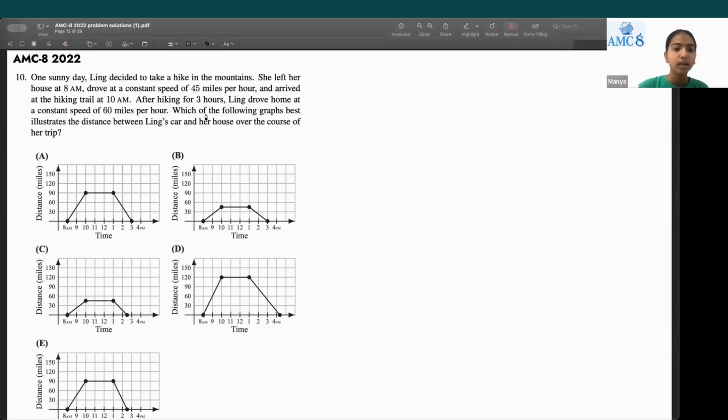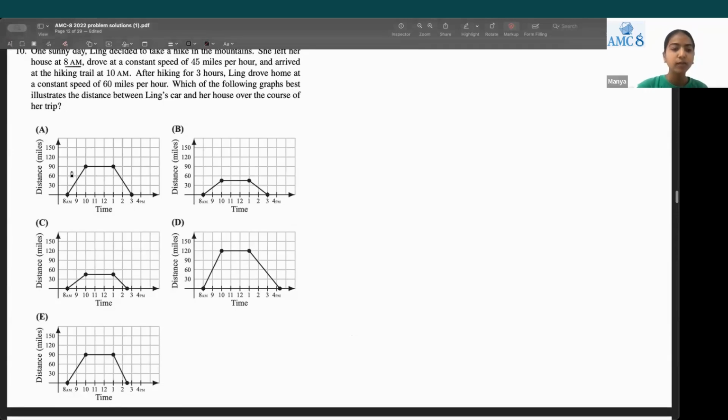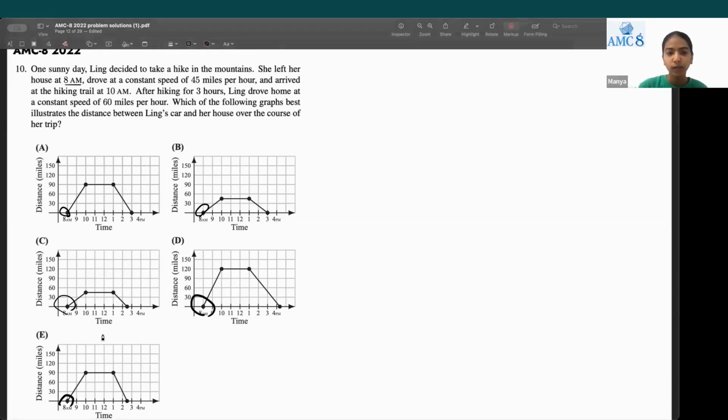So we know that Ling left her house at 8 a.m. So all of these points over here should be showing 8 a.m., and every answer choice shows that she left her house at 8 a.m. And we know that she drove at a constant speed of 45 miles per hour and arrived at the hiking trail at 10 a.m., meaning that she drove 45 miles per hour for 2 hours.